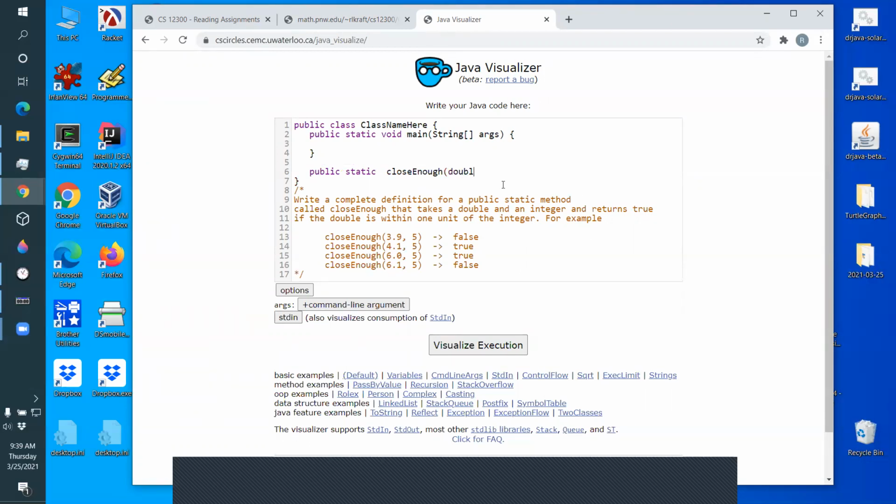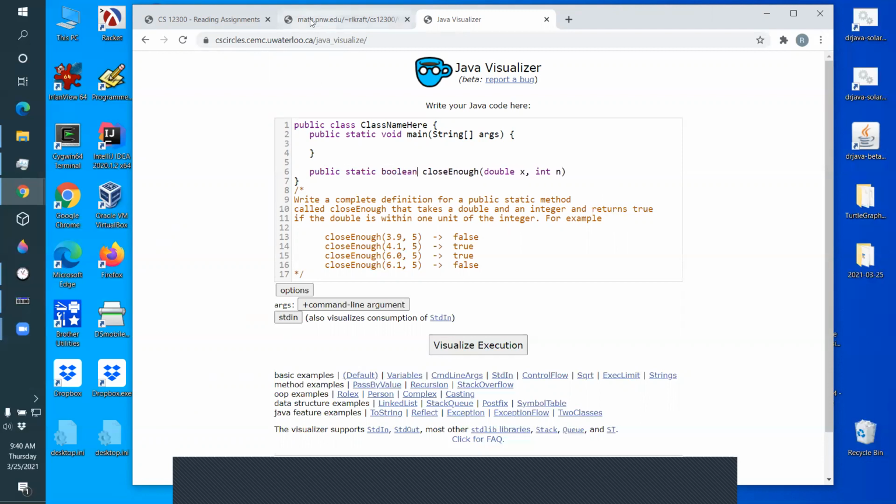There's a double input, I can just call it X. I don't really know what it's for, so I'll just use a name like X. And an integer, I'll just call it N, because I don't really know what they're for. It takes a double and an integer and returns true if the double blah blah blah. And notice that what it returns is a boolean. So that means over here the boolean goes there.